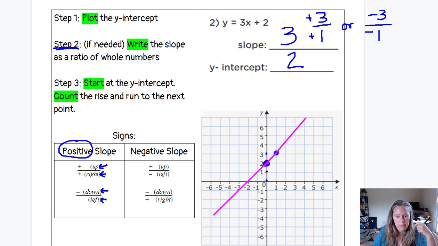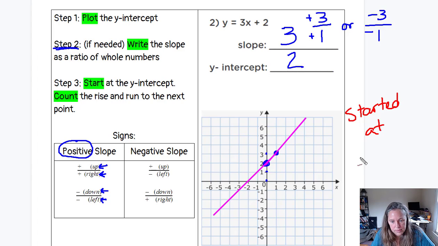Okay, so my mistake on this one was when I went up 3 over 1, I started at the origin. I didn't start at the y-intercept. Really what I need to do is start at the y-intercept and from there go up 3, 1, 2, 3, over 1.